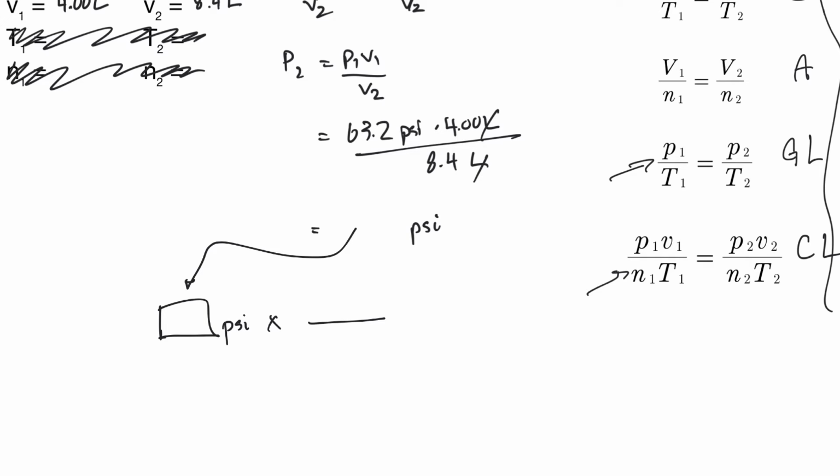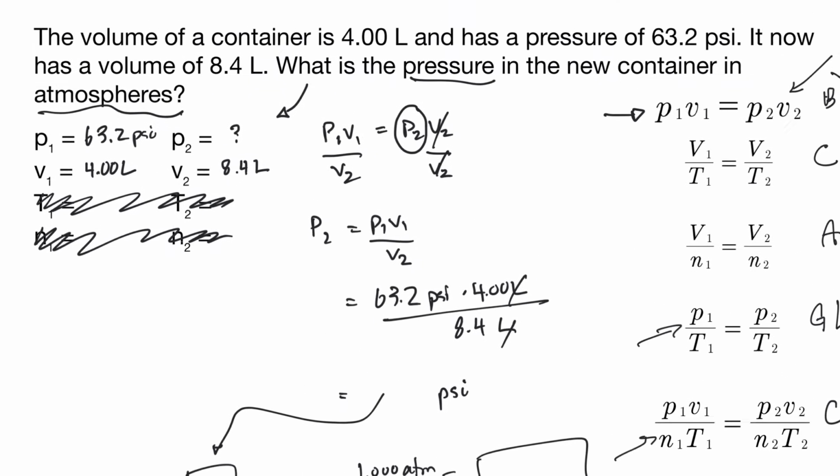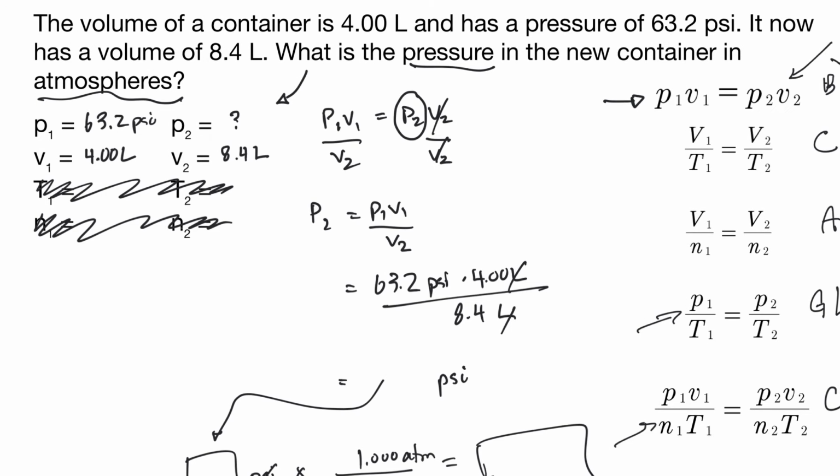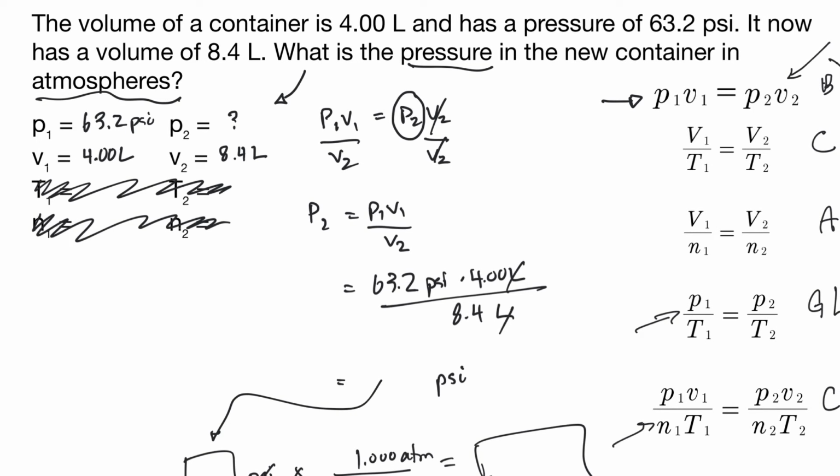I want to go to atmospheres, so the conversion is 14.69 psi is the same as 1.00 atmospheres. So the psi cancel, and that would change things to atmospheres for you. The important thing I was really wanting to show from this question was how to pick the right formula. Let's try another one.